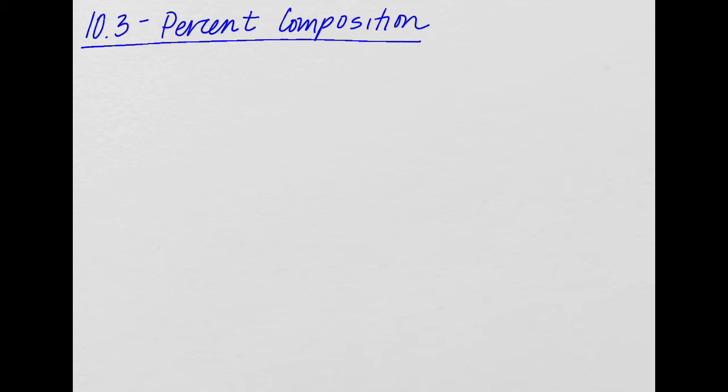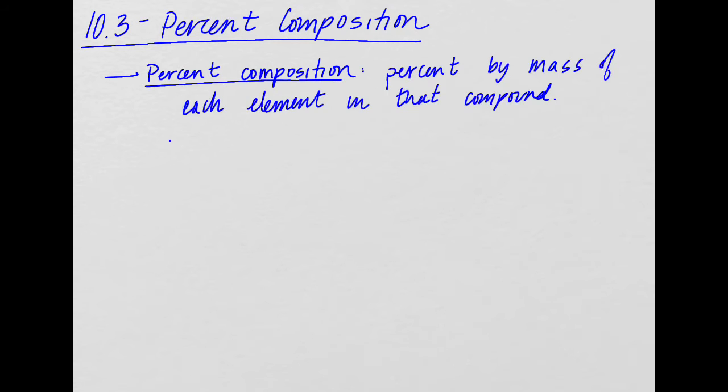The percent composition of a compound. What does that mean? The percent composition of a compound is the percent by mass of each element in that compound. So very importantly, the percent composition of a compound, of any compound, of one particular compound is always the same no matter what.